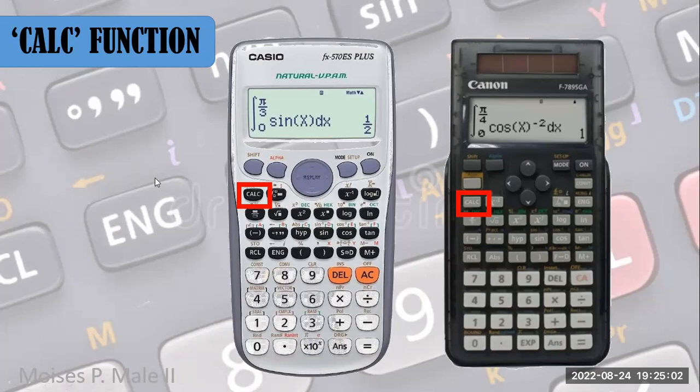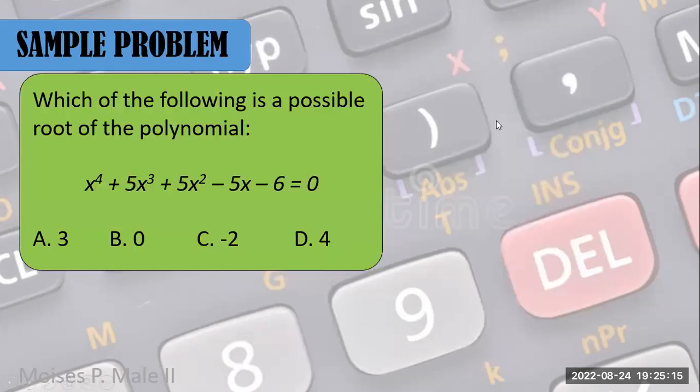So just direct click lang, no? Okay, so sa Casio ito. Okay, sa Canon halos pareho lang yung pagkalagay, di ba? Okay, so therefore walang masyadong pagkakaiba.